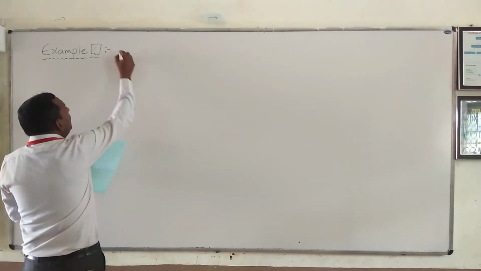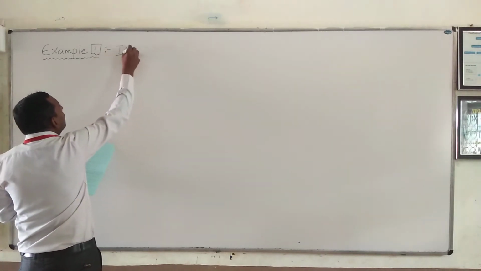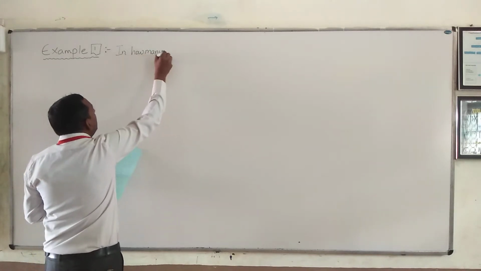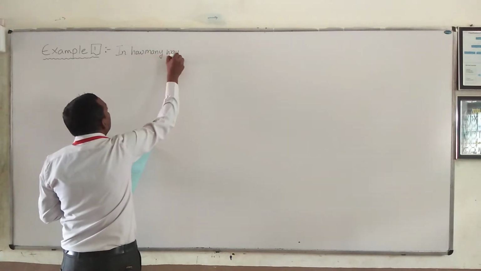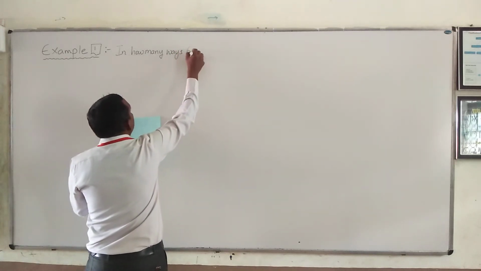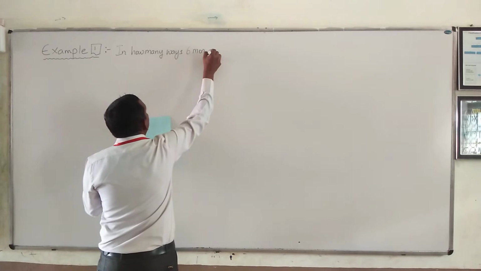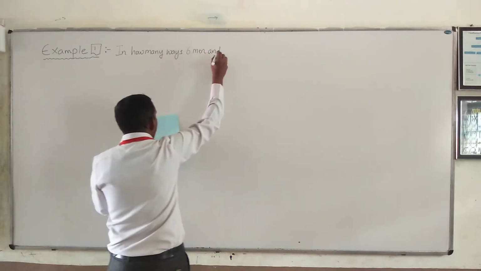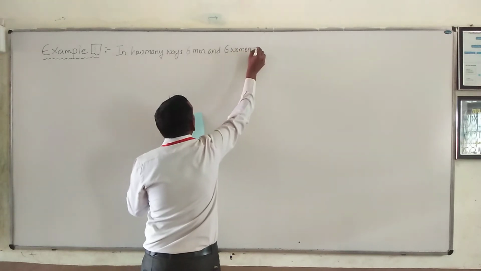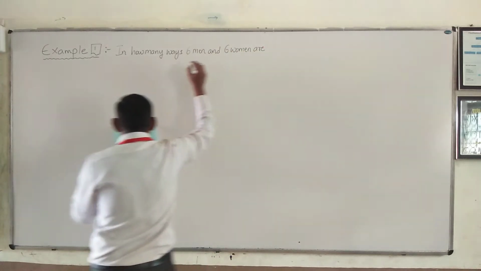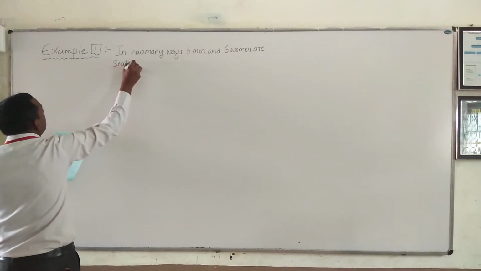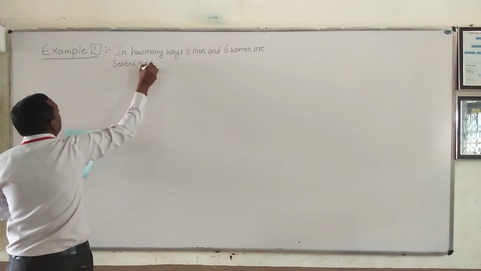In how many ways are six men and six women seated in a row?